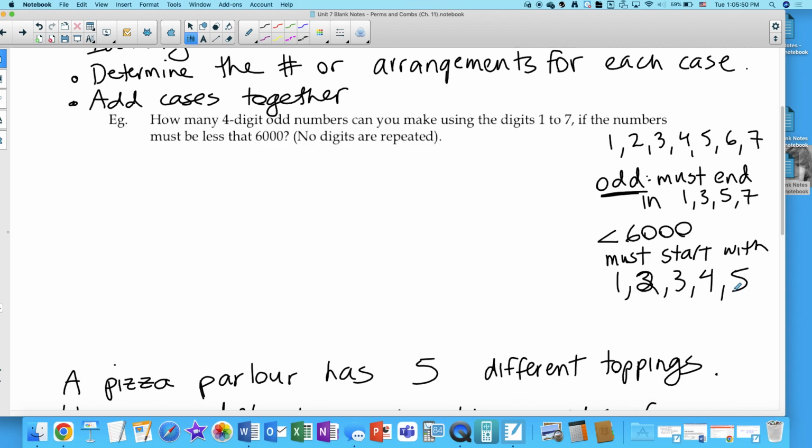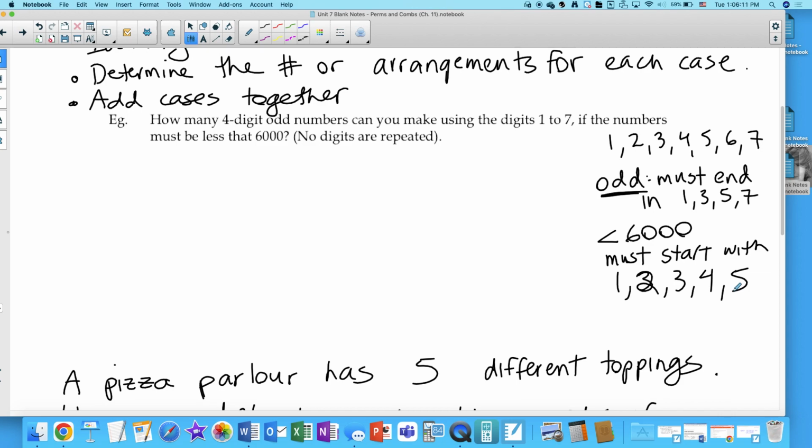We have various cases. Because like in case one you can start with a one, in case two you can start with two. Yes, okay. So we could literally divide it into 5 different cases, but there's actually only 2 cases.